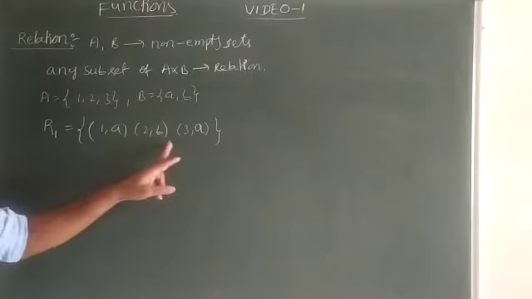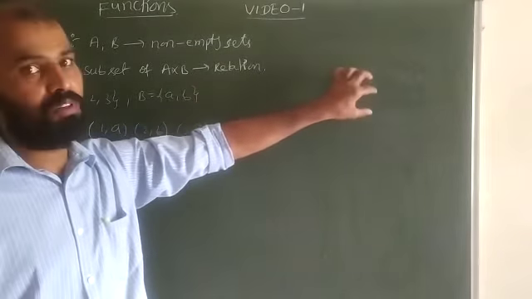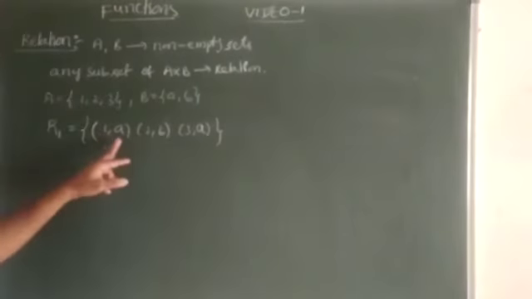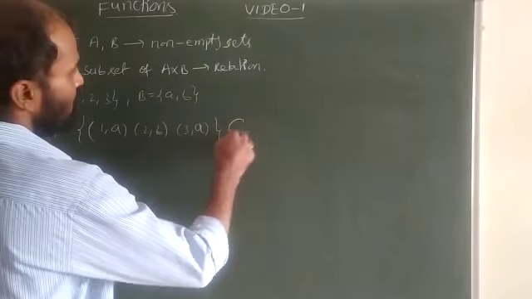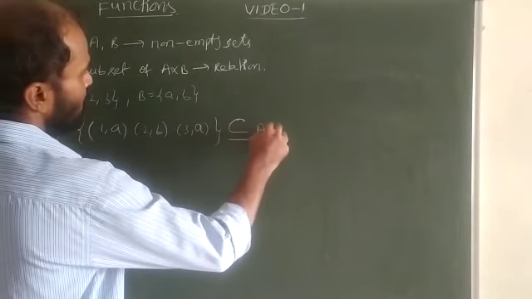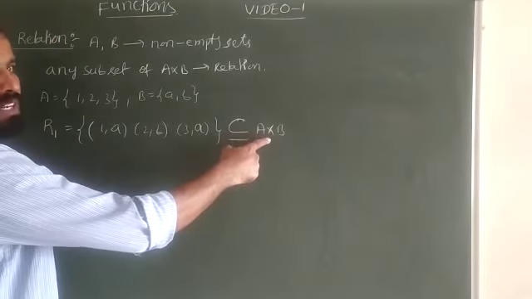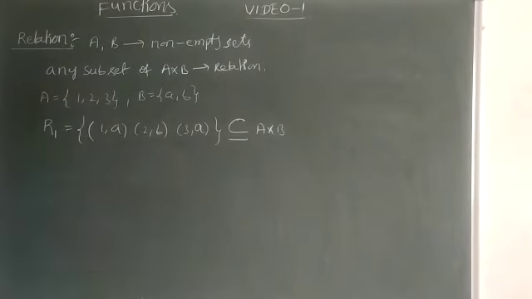Clearly this is a subset of A cross B. A cross B లో ఎన్ని ఎలిమెంట్స్ ఉంటాయి? ఇంతకు ముందు చేసిన ఎగ్జాంపుల్ 6 ఎలిమెంట్స్ ఉన్నాయి. ఇన్ దట్ 6 ఎలిమెంట్స్ లో ఈ 3 ఎలిమెంట్స్ ఉన్నాయి కదా. సో క్లియర్లీ ఇది సబ్సెట్ ఆఫ్ A cross B. So clearly R1 is a subset of A cross B. That means R1 is said to be a relation.